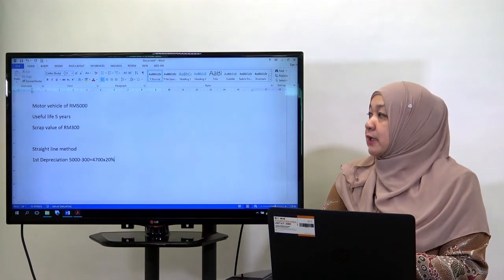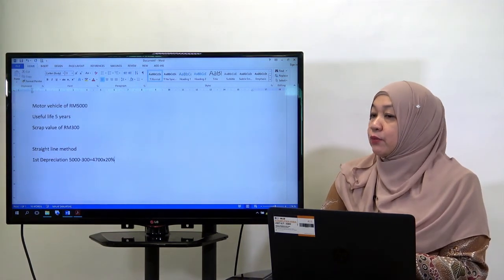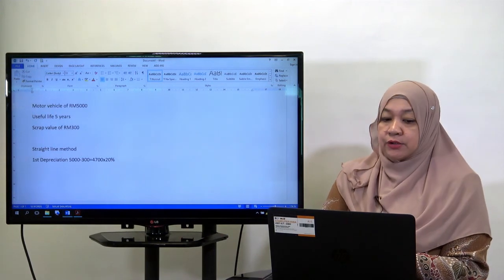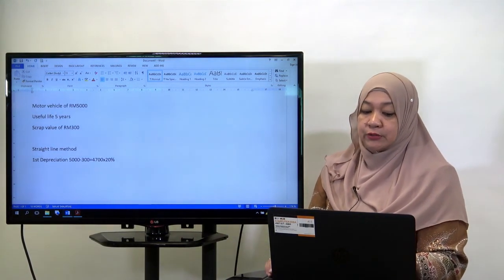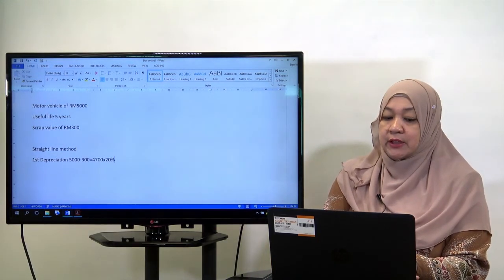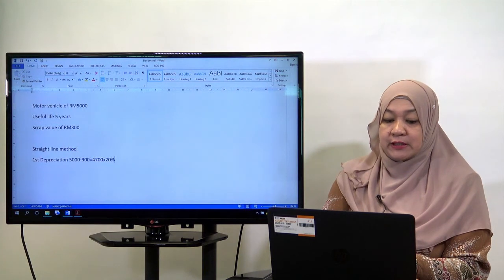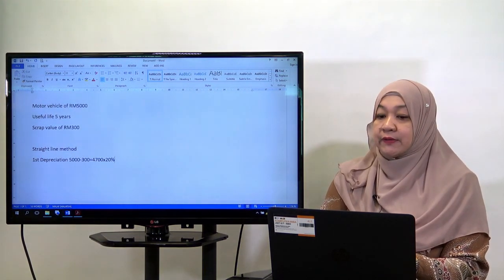So if a non-current asset has a useful life of 10 years, then it would be 10%. So you need to know what percentage 5 years is equivalent to. Following this, if your scrap value is 300, to determine your depreciation for the first year, 5,000 minus 300 equals 4,700.